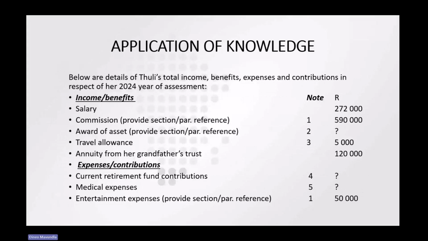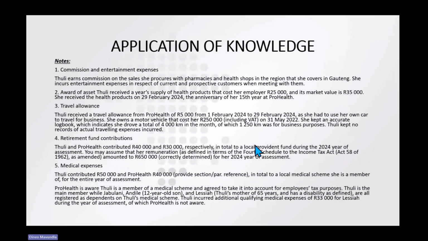Travel allowance, okay. How would we treat our travel allowance of 5,000 Rand? Let's look at the note. It tells us that Tuli received a travel allowance from Pro Health of 5,000 Rand from 1 February 2024 to 29 February 2024, as she had to use her own car to travel for business.